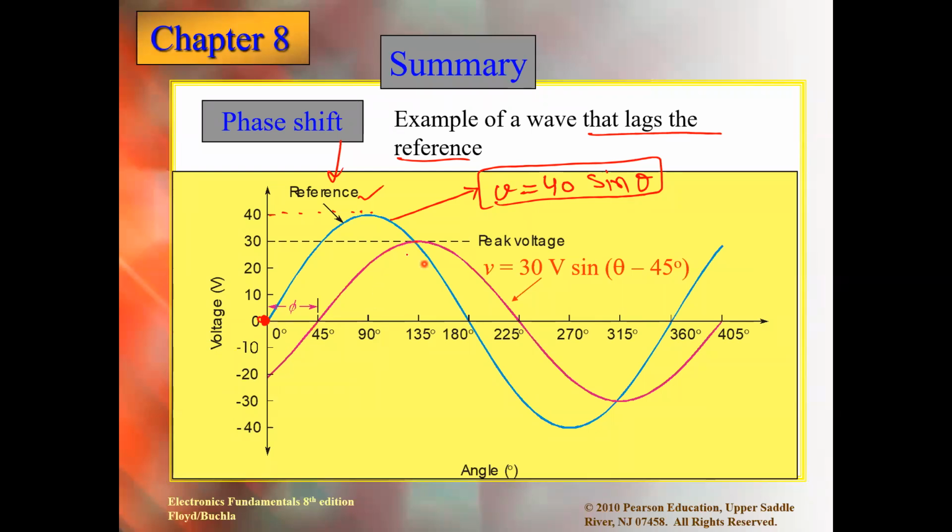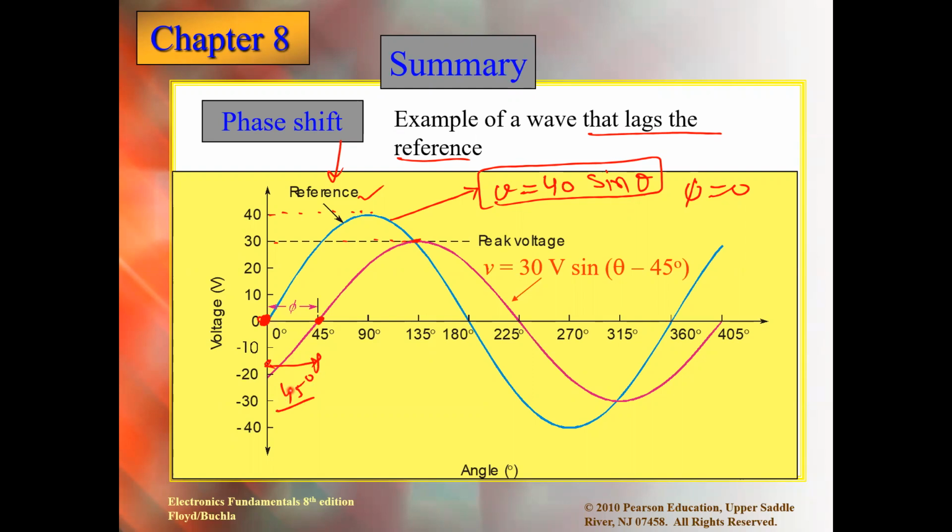Now we want to write the equation for the given waveform. Here we can see the peak value will be 30, and then sine, and now we need to find phi. For the reference, phi is 0 because it's starting from this point. But for this one, the phi value is the difference between the reference starting point at the origin and where this waveform crosses, and this difference is 45 degrees.